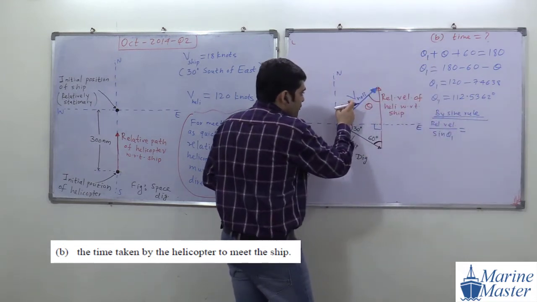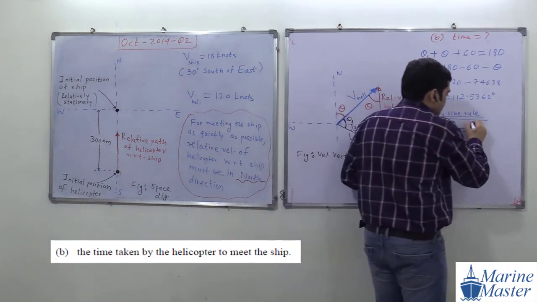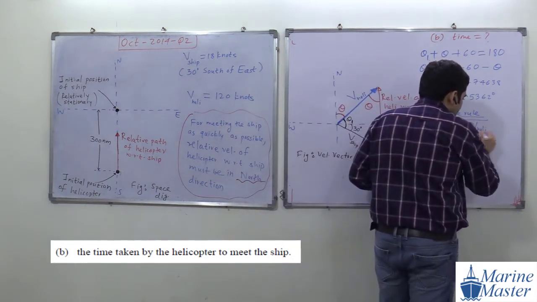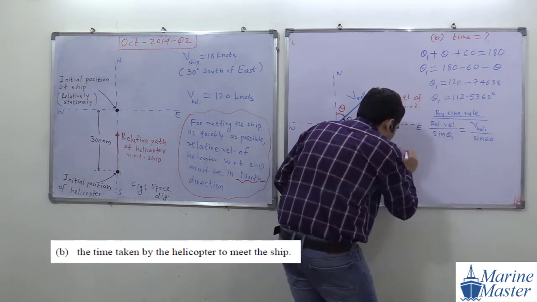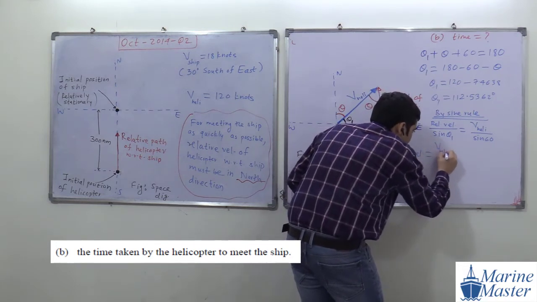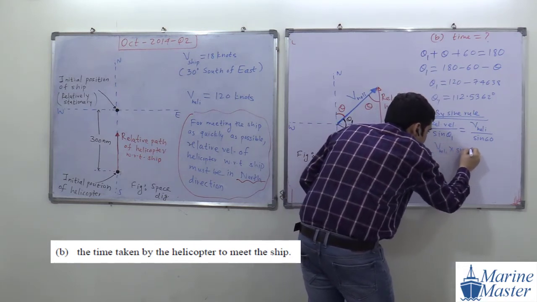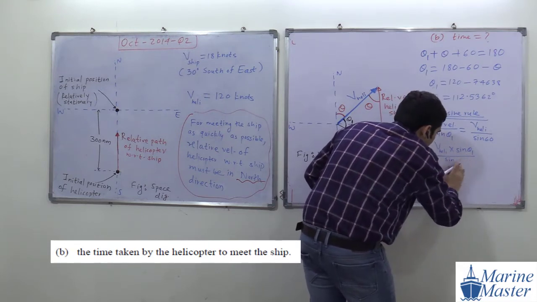We have V heli, opposite to which is sine 60. So relative velocity will be equal to V heli multiplied by sine theta 1 divided by sine 60. Okay, guys, are you getting my point?